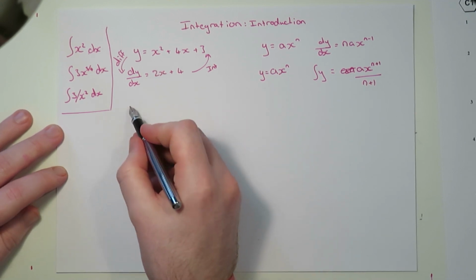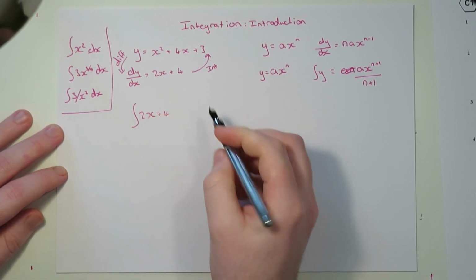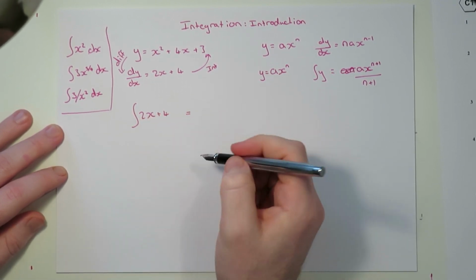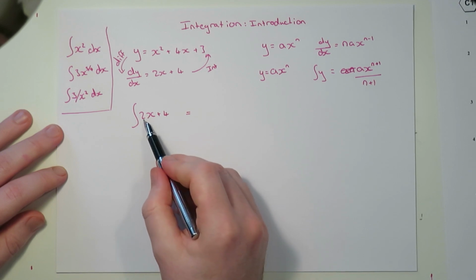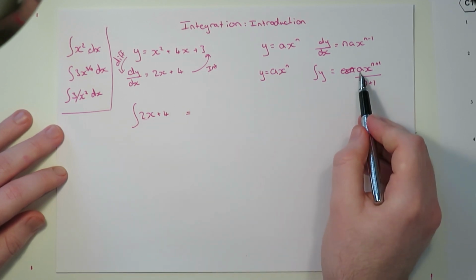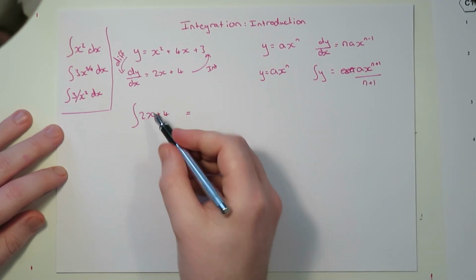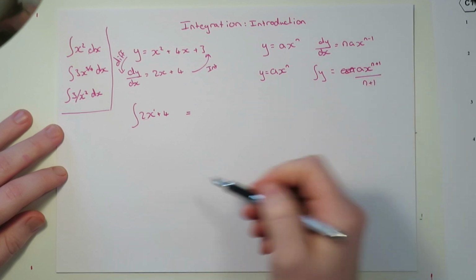Well, if we integrate this, what does that give us? Well, this thing here, so 2 is going to be a, x is obviously x, and n here would be just 1.